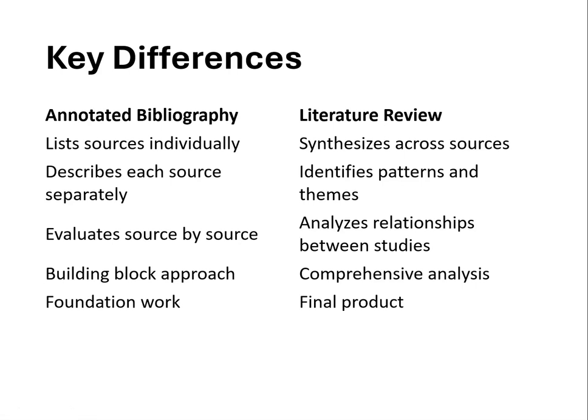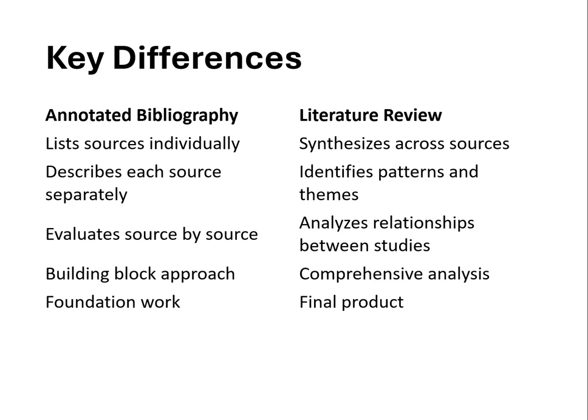The key difference is that in an annotated bibliography, the sources are listed individually and in alphabetical order. Each source is described separately and then evaluated source by source. There's a building block approach, and it's like foundation work for whatever you're doing in the future.